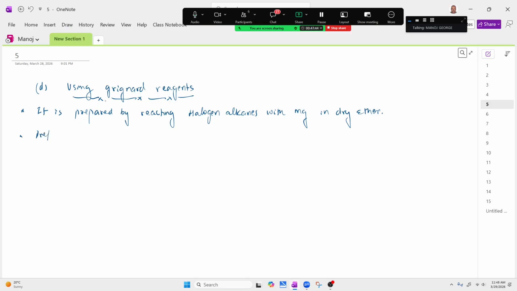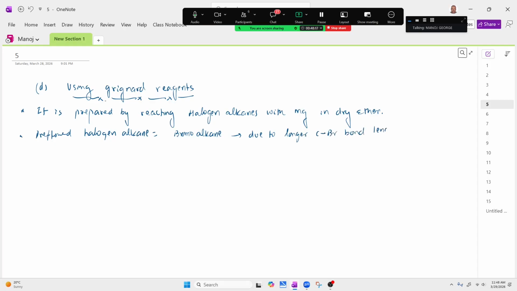So the preferred halogen alkane is bromoalkane. Basically, it's the halogen bromide. Okay, so this is bromo alkane, and the reason why is the longer CBr bond length.